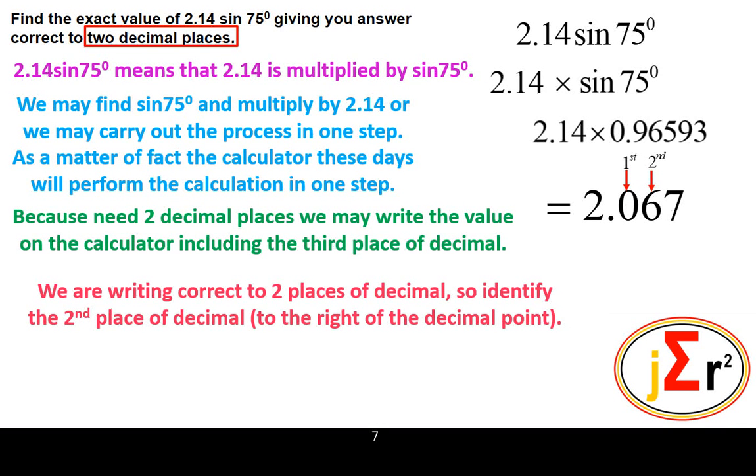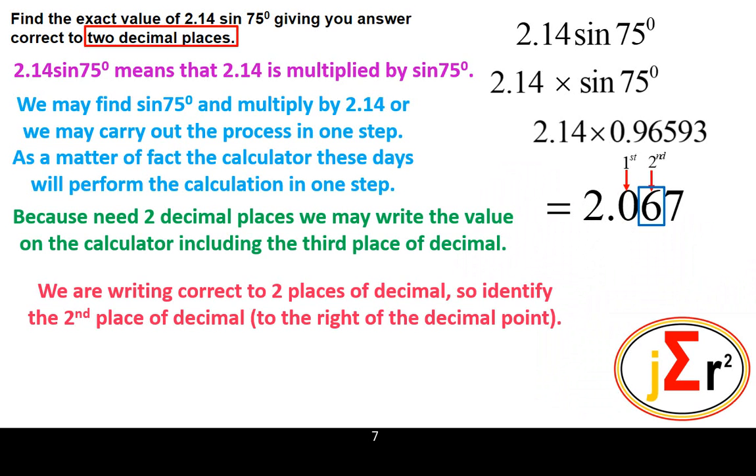And there we have your 2 places of decimal. Right. So we are going to write that to 2 places of decimal, and we have identified the 2nd decimal place. Now we are going to write it correct to 2 places of decimal.